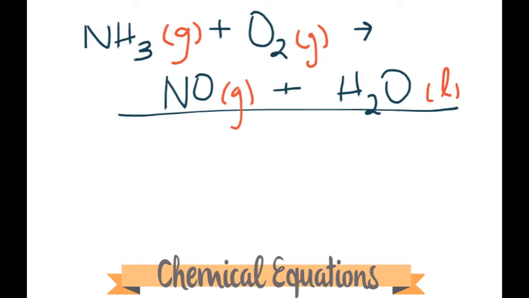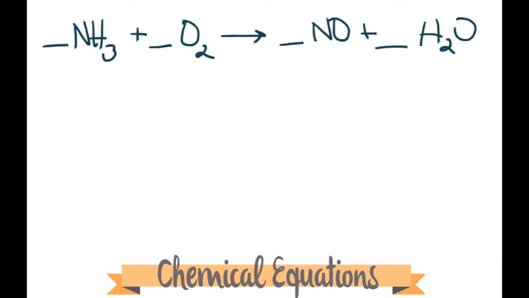But wait, Jade, the equation's not balanced. Oh, Granny, you're right. In order to balance it, we should list out the elements on both sides and add coefficients where we need them. First, we list all the components on both sides and write down how many atoms of the element we have.